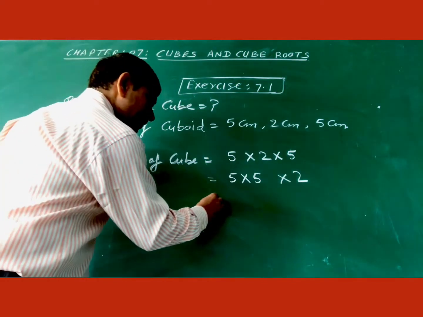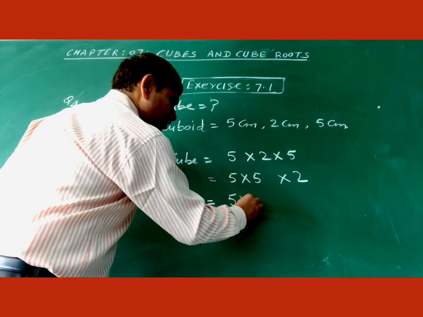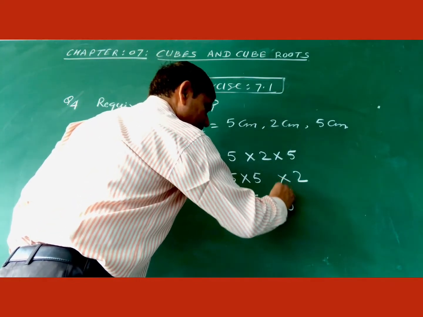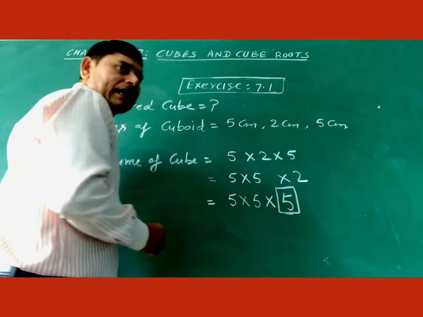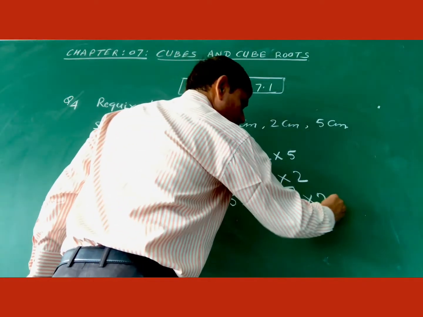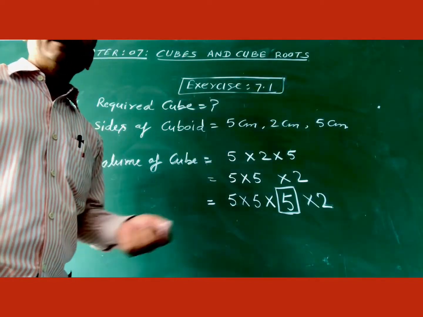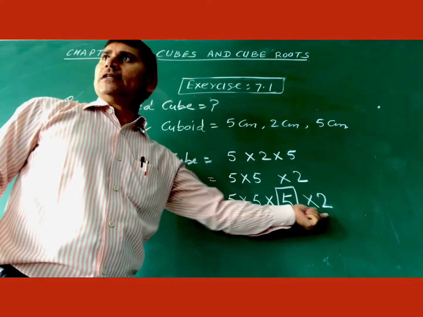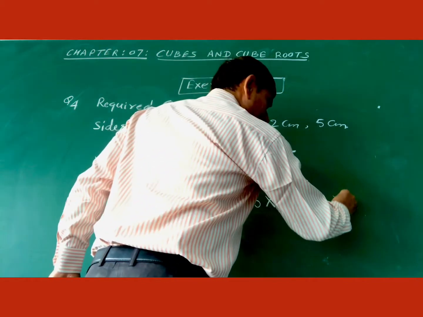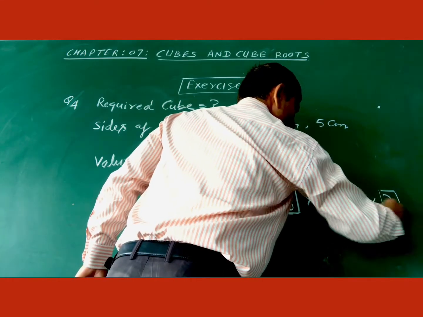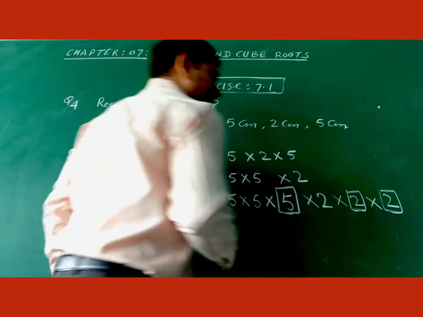So here you will write 5 into 5 and then you will multiply one more 5 here. And after that, 2 here is only a single one. How many 2s are required to make the triplet? 2 more are required, that is 2 and 2.